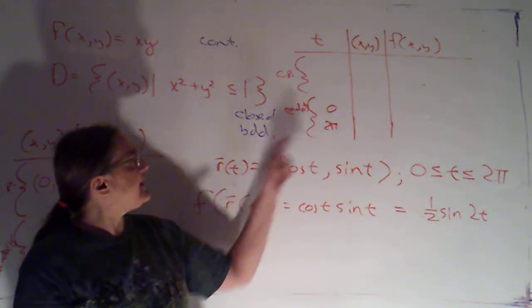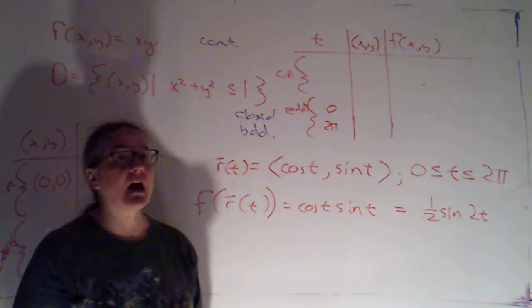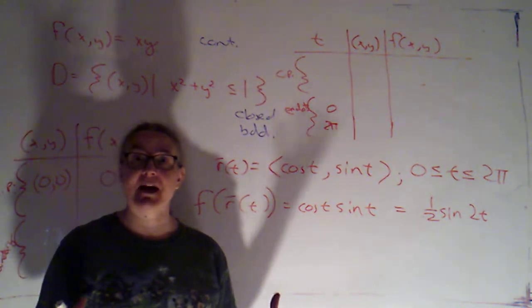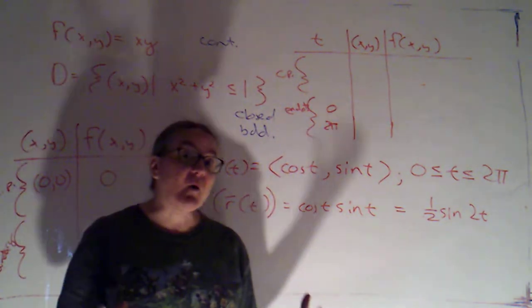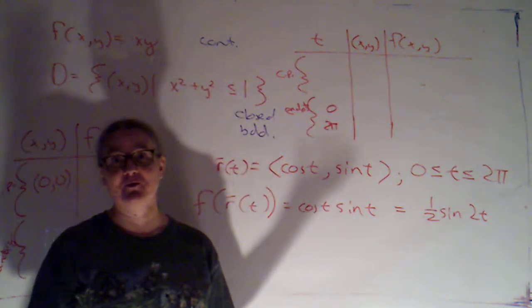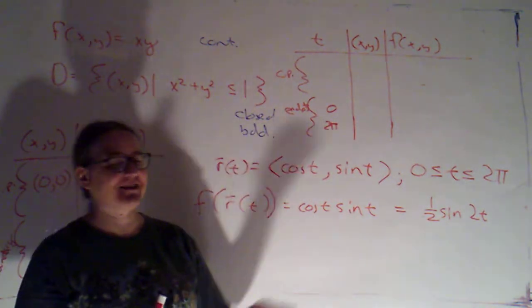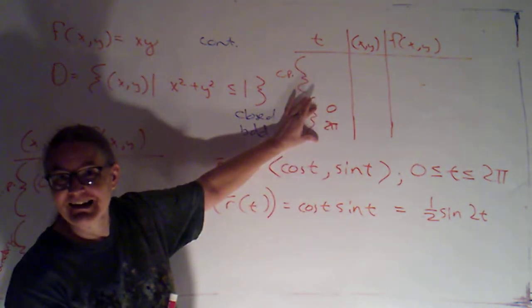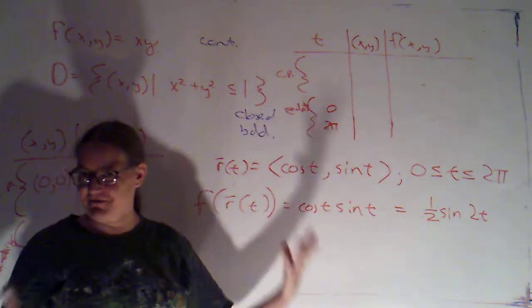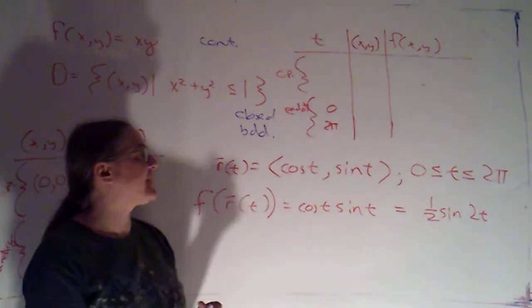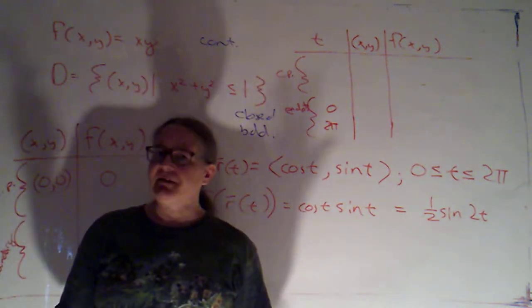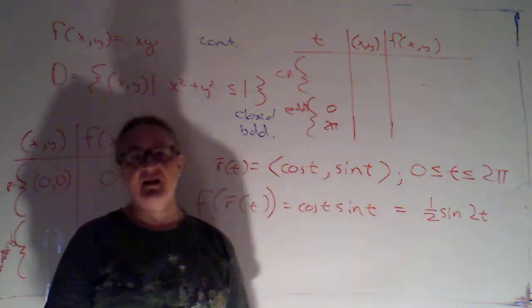The only way the endpoints are going to end up being locations of a max or min are if they also end up being critical points. Because I could have chosen a parametrization where I didn't get these points, so the only way they'd show up on the list is if they were critical points. Okay, you can explain that, or you can just check the endpoints.